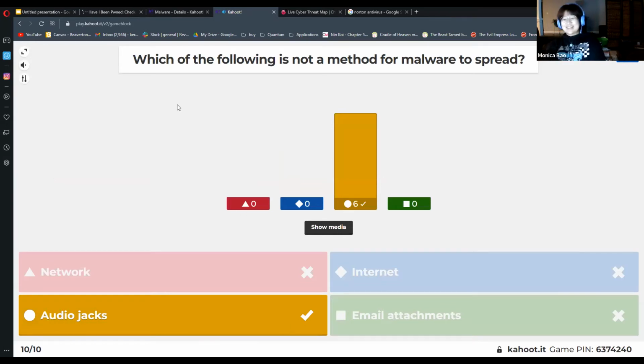Okay, yeah, audio jacks only transfer sound, but I think all of these other ones, we mentioned email attachments, networks for worms, internet.